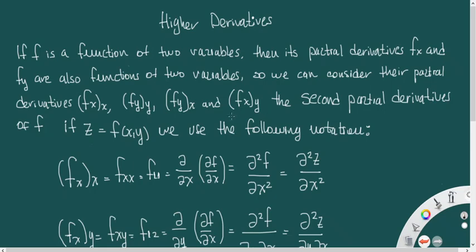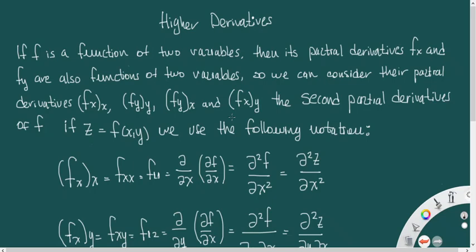If you remember from single variable calculus, in differential calculus, the second derivative is the derivative of the first derivative. In this case, we are applying the same principle, but using the partial derivative method.